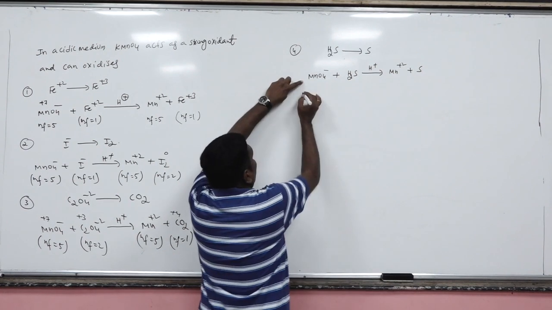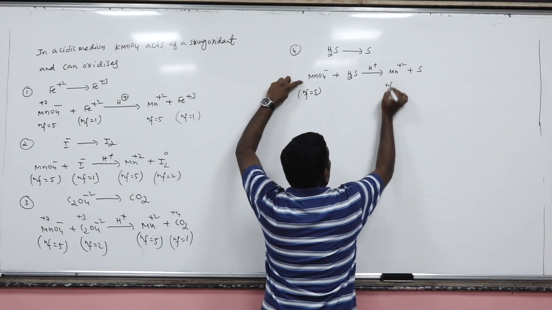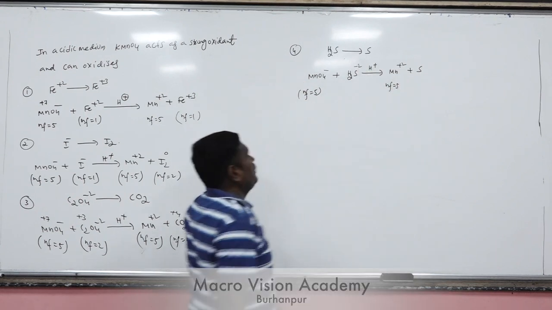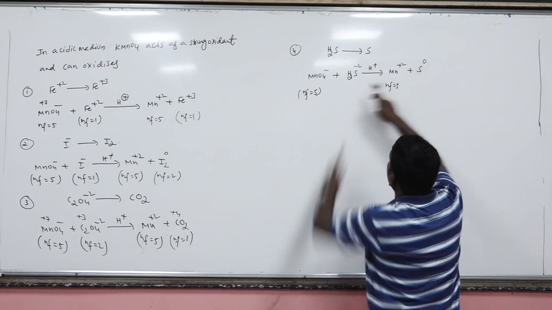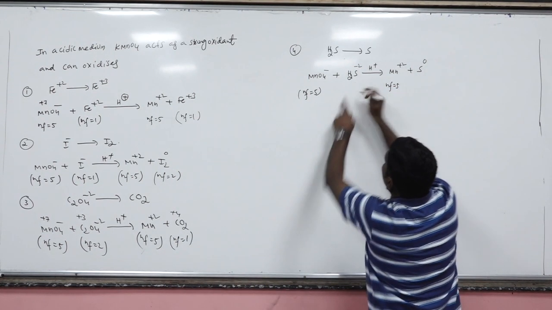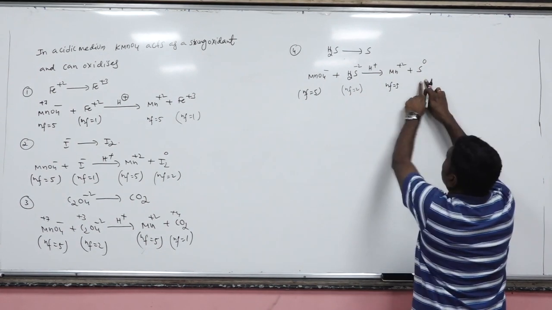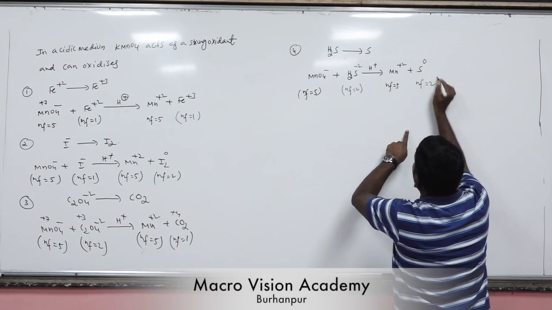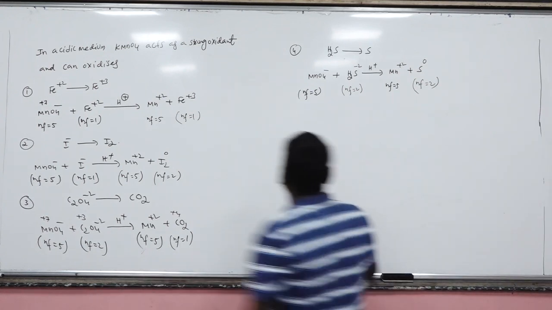Now, what is the N factor here? 5. Here also. Now, what is the oxidation state of sulfur? -2, because each hydrogen is +1. Now here sulfur is in elementary state. Change how much? 2. Only one sulfur atom is there, so N factor is 2. Here also 0 to -2, change is 2. Only one sulfur atom is there, so N factor is equal to what? 2. Okay. Next.